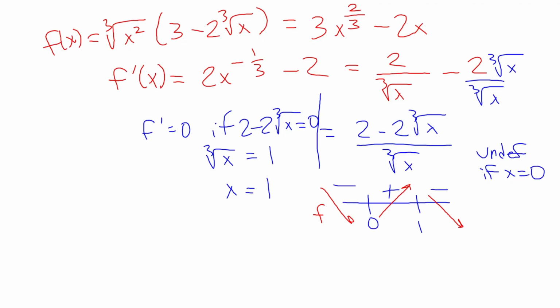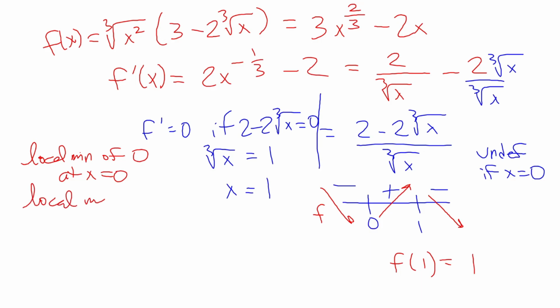decreases. We're going to have a local min at 0 and a local max at 1. We need to find f of 1. Well, if we plug 1 into f of x, we just get 1. So we've got a local min of 0 at x equals 0, because we already found that point.